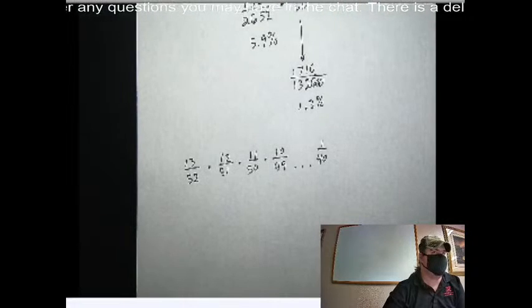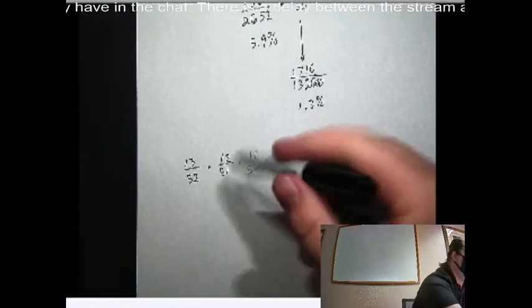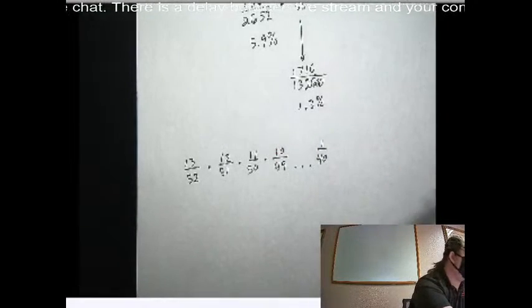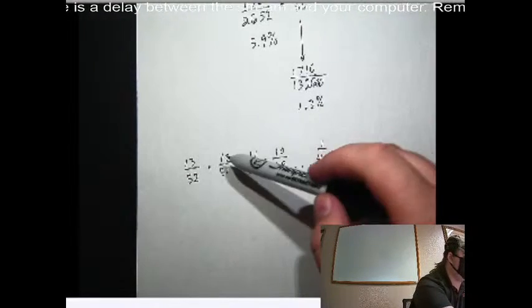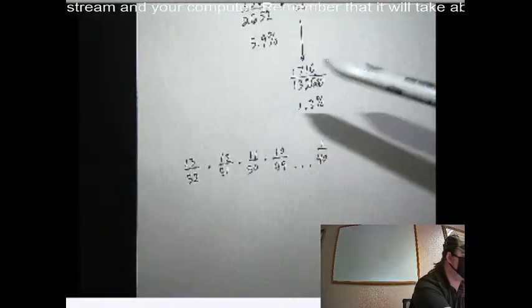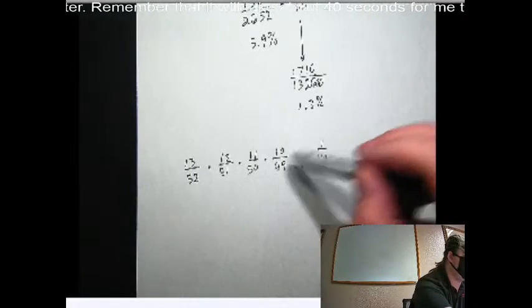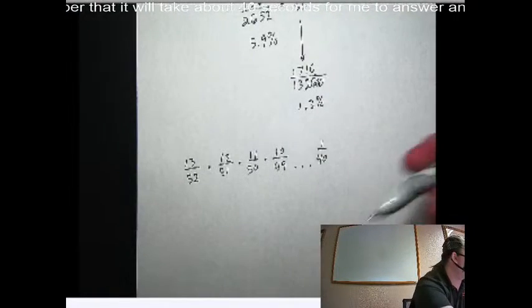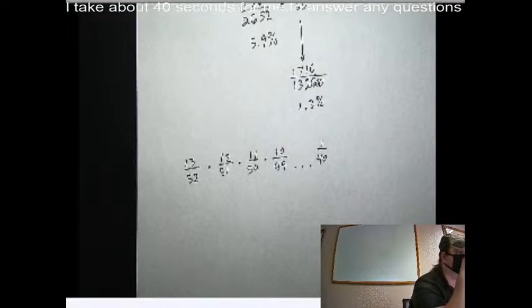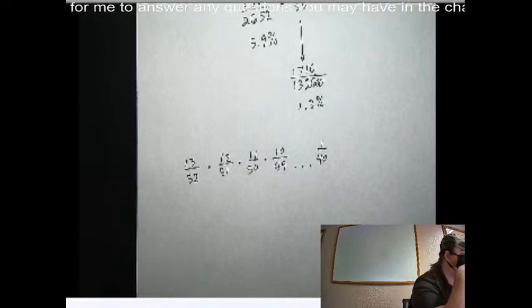And I want you to notice something about this series. As we multiply more and more of these probabilities together, we're going 13 to 12 to 11 to 10 to 9 to 8 to 7, so on and so forth. Same thing with the 52, 52 to 51 to 50 to 49, and keep going, okay? This is what we call a factorial.